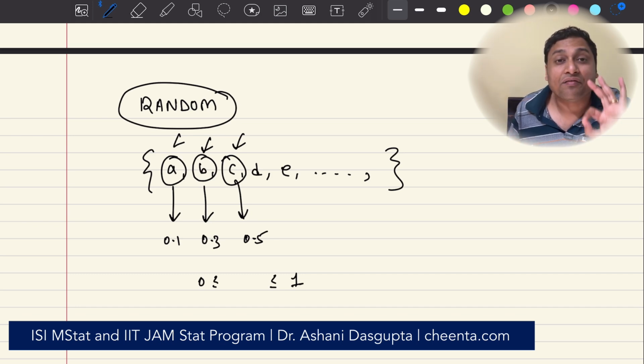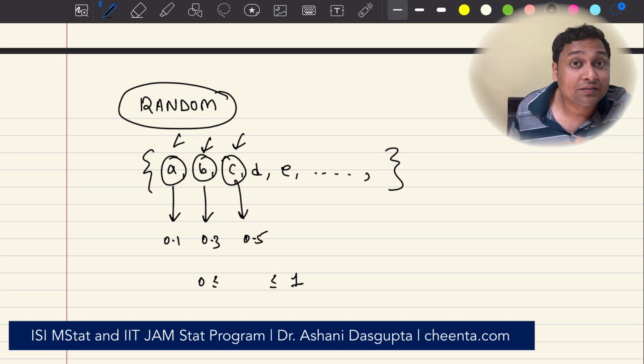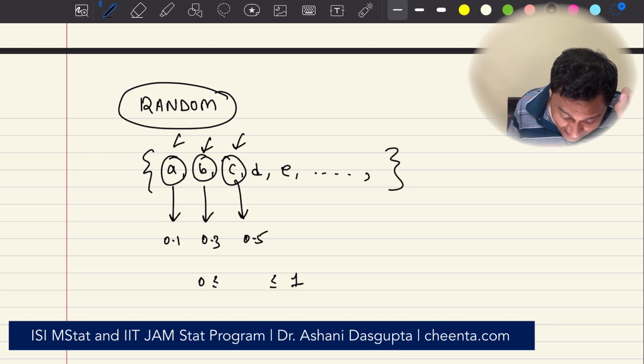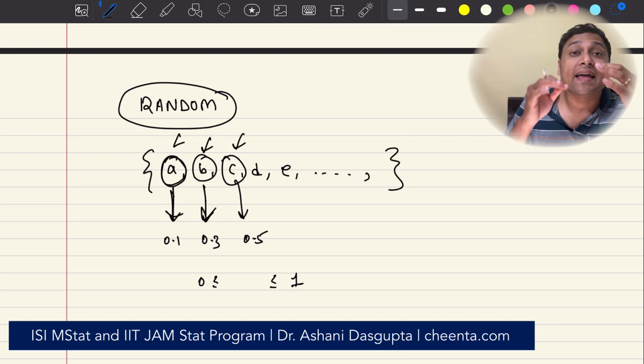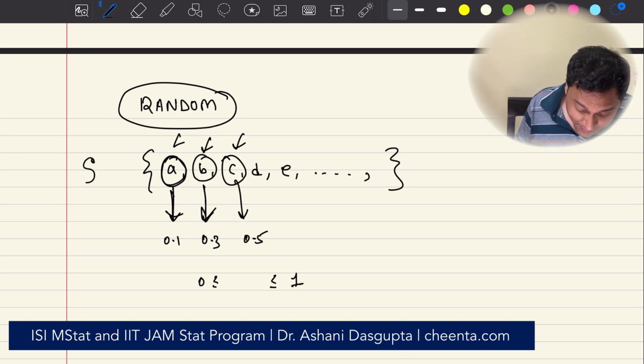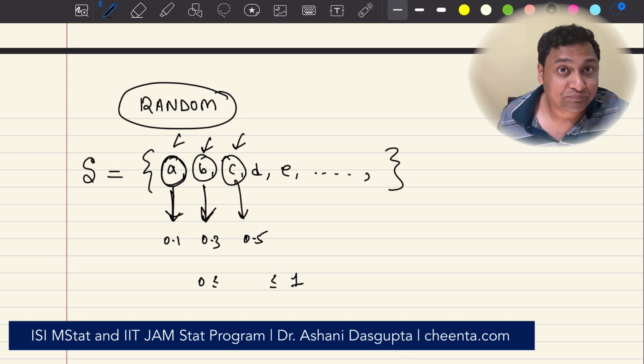So probability is a function that assigns numbers to each of the elements in this space S.